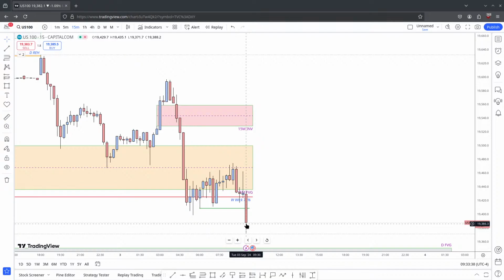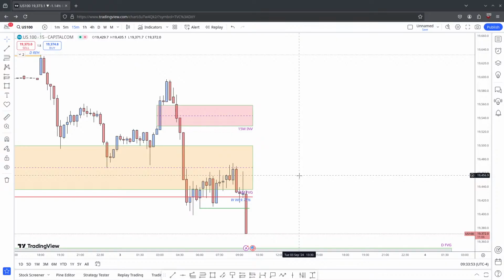This candle is 9:30. So we're going to get the next candle at 9:45. It closes in 11 minutes.